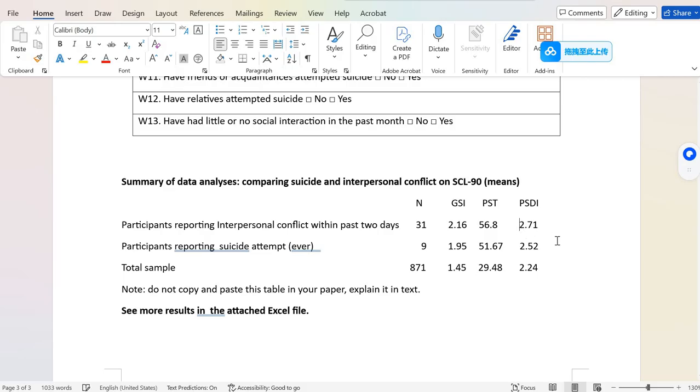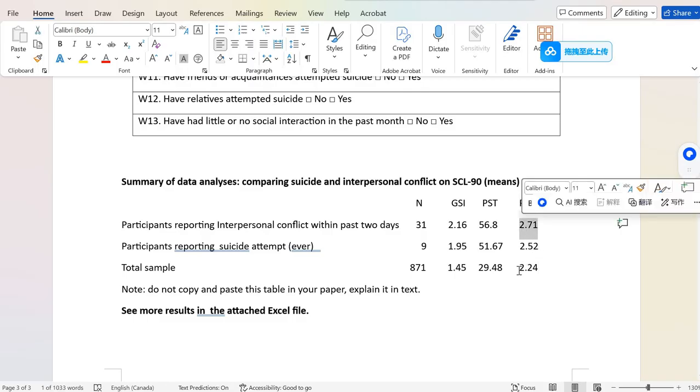How about the positive symptom distress index? If you eyeball them, the two risky behavior groups don't seem to be so different from the total sample. You can do the math yourself, get a calculator and do the calculation.